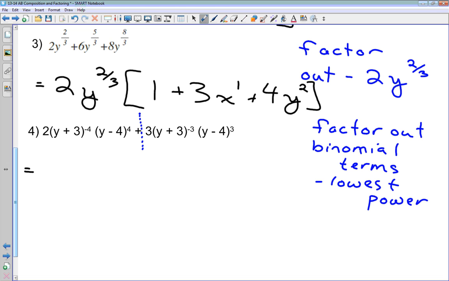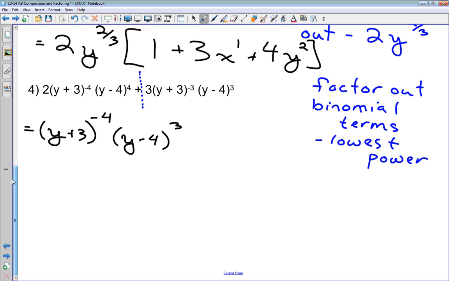So our lowest power of y plus 3 is y plus 3 to the negative 4. Our lowest power of y minus 4 is y minus 4 to the 3. So those are the 2 terms that we are factoring out.